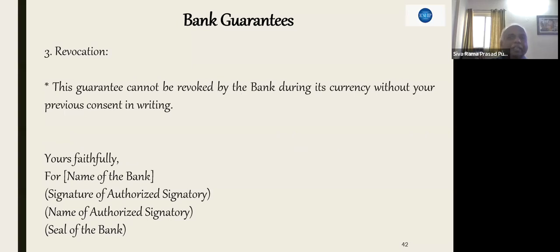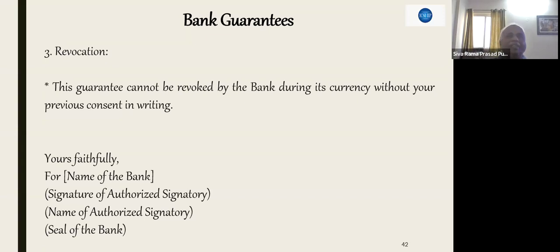Revocation. The guarantee cannot be revoked by the bank during its currency without your previous consent in writing. We don't listen to the applicant. Once I have given it, I have to stick to the words of the beneficiary. I don't revoke unless you later tell me to cancel the guarantee, then I will cancel.